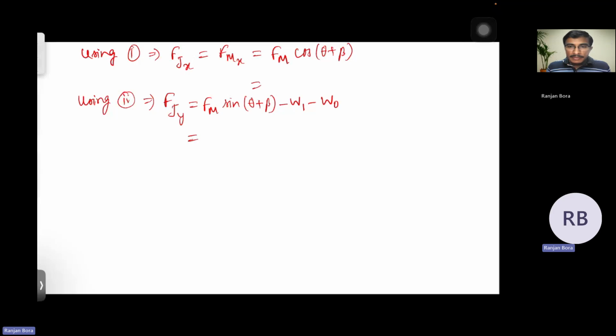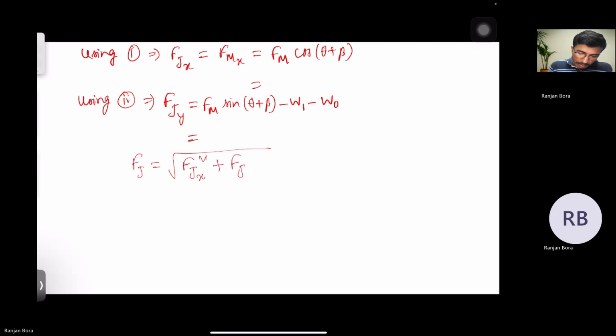After getting Fjx and Fjy, we can get the magnitude of Fj, which is the square root of Fjx squared plus Fjy squared.